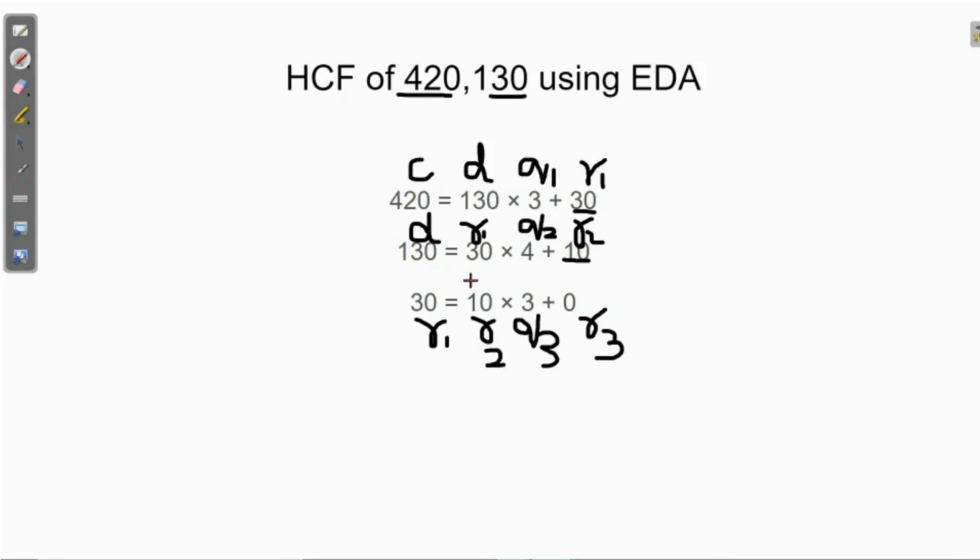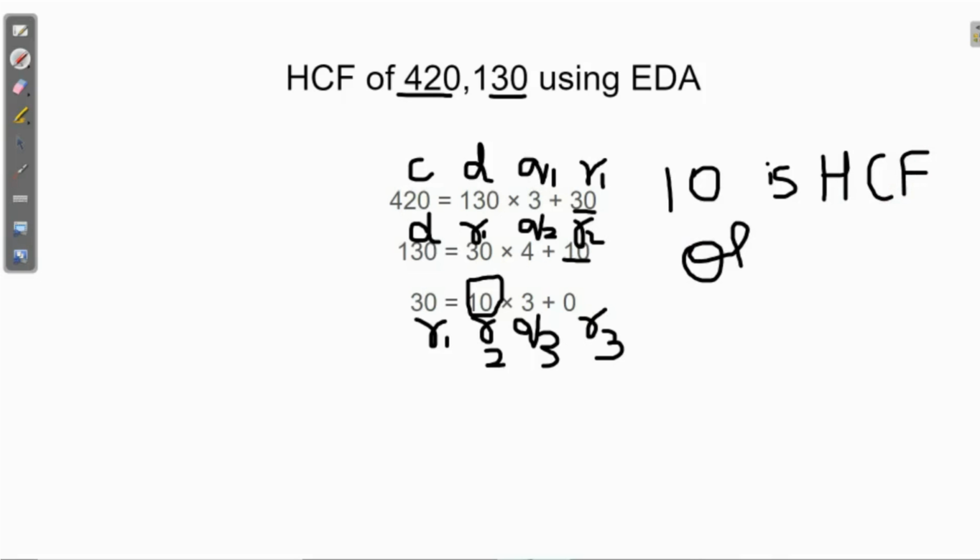So 10 is the HCF. I can also write that 10 is the HCF of 30 and 10. I should write the steps.